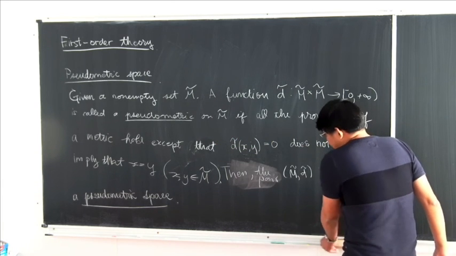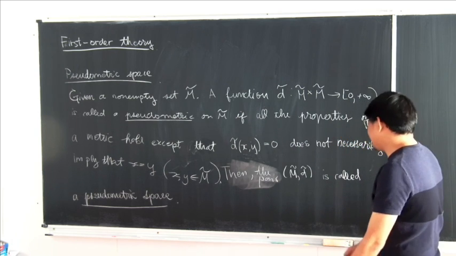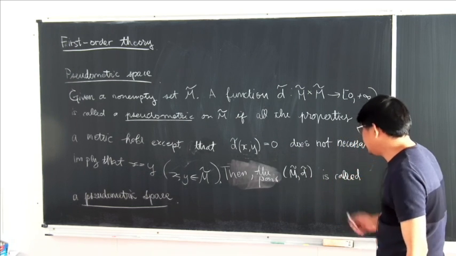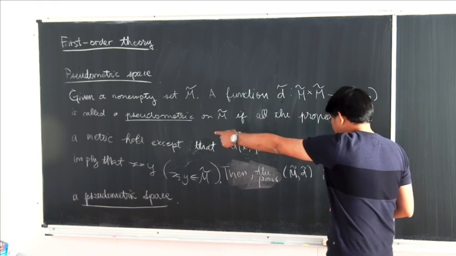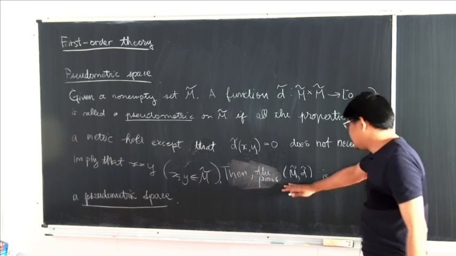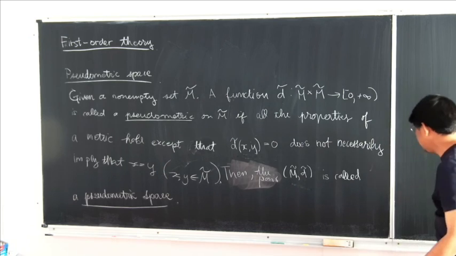I should add this here, because otherwise you will not know what d tilde is. So if M tilde is any set and d tilde is a pseudometric on M tilde, then this pair will be called a pseudometric space.